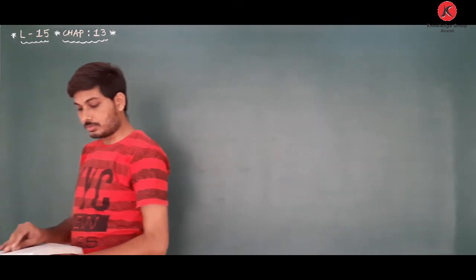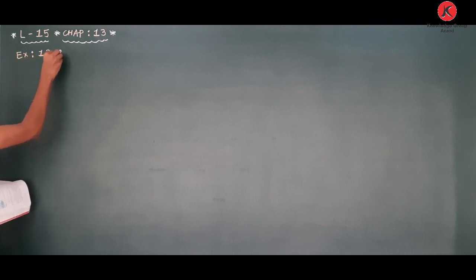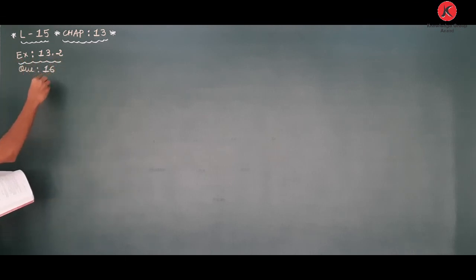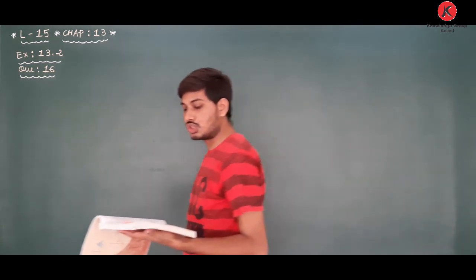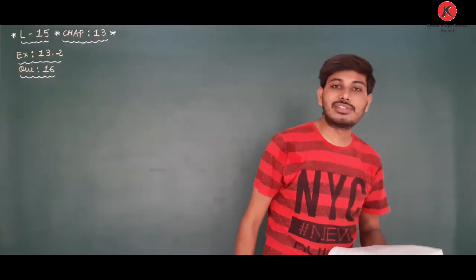Now we are going to discuss the next question, exercise 13.2, question number 16, which is quite an easy question. In this question, it is given that in a hostel, 60% of the students read Hindi newspaper, 40% read English newspaper and 20% read both Hindi and English newspaper.